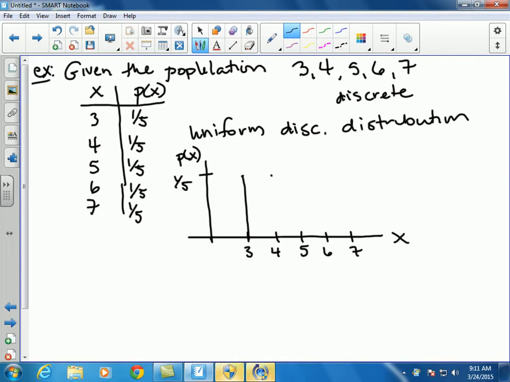There's 1, there's 2, there's 3, there's 4, and there's 5. Okay, so that is the population distribution.